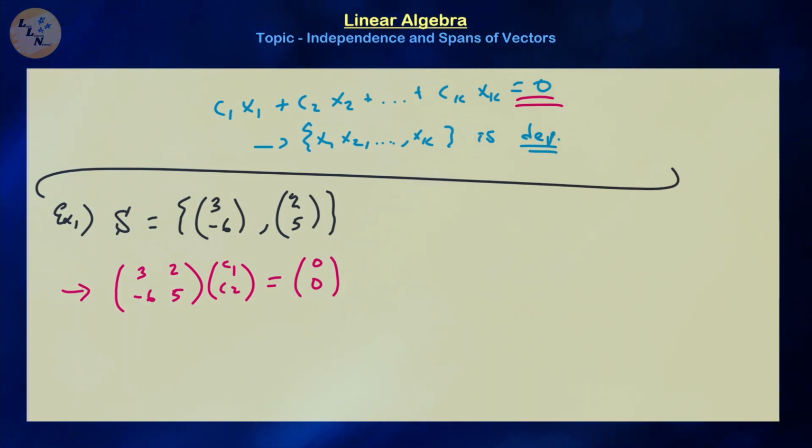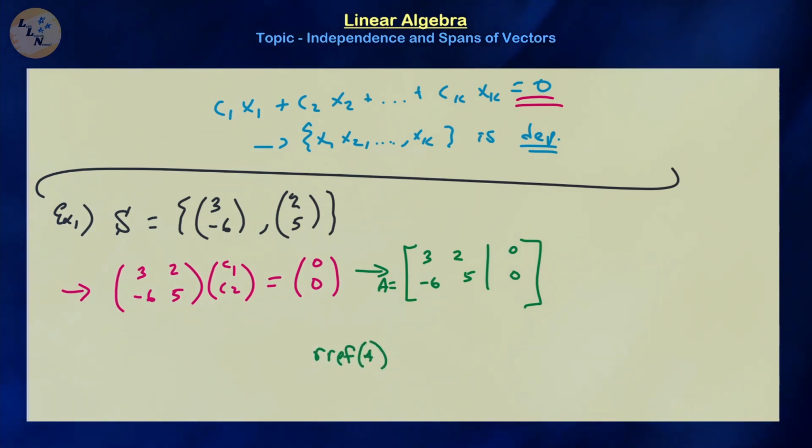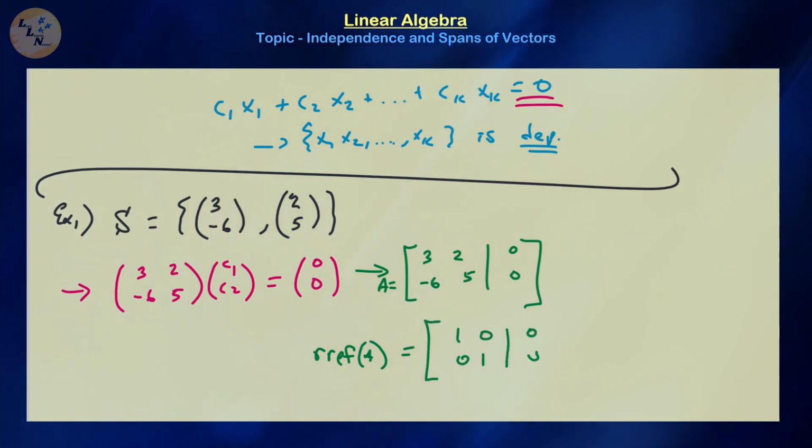If we look at this in augmented form, we can write this as 3, 2, minus 6, 5, augmented with 0, 0. Let's call this matrix A, and we look at the reduced row echelon form of that via Gaussian elimination, then we should see that it's going to come out to 1, 0, 0, 1, 0, 0.